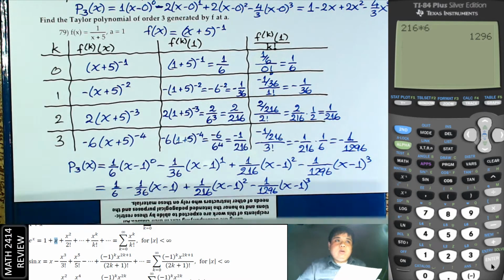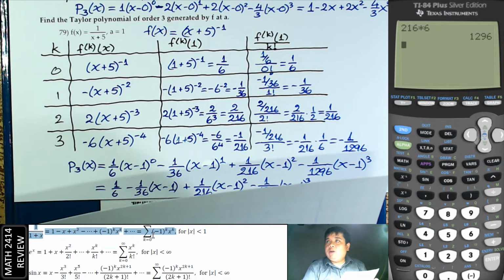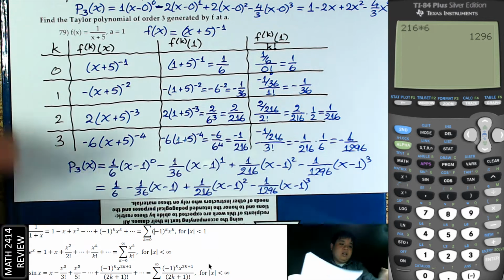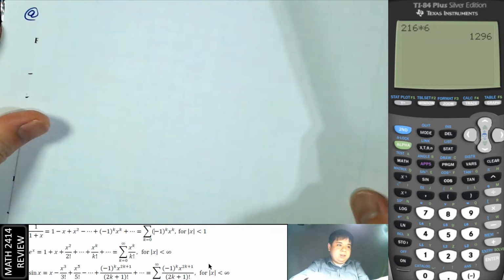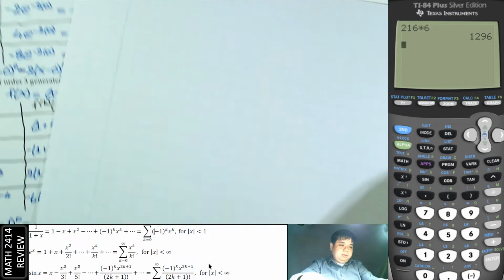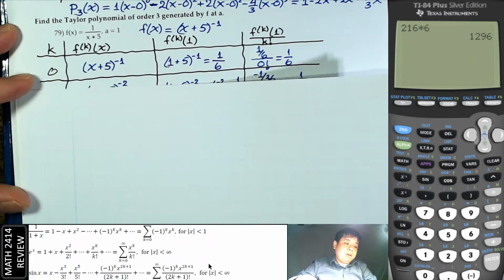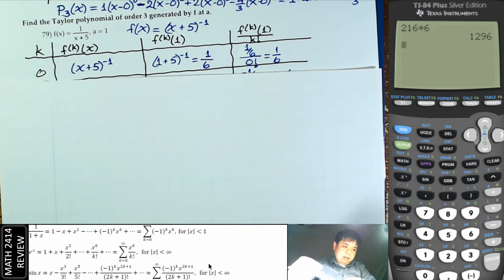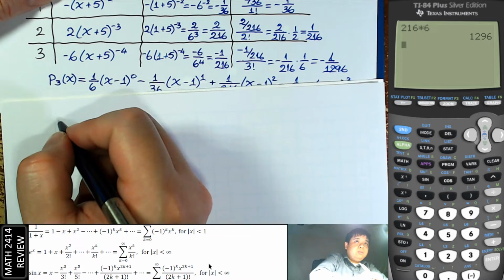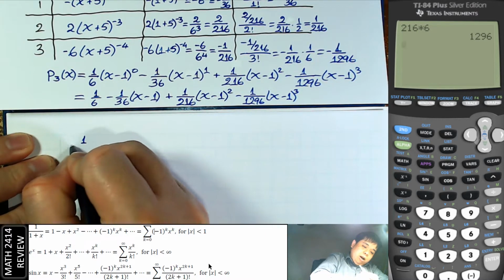Of course, we can also use something similar to the geometric series here. Right, this is what I will write. So we have 1 over x plus 5.